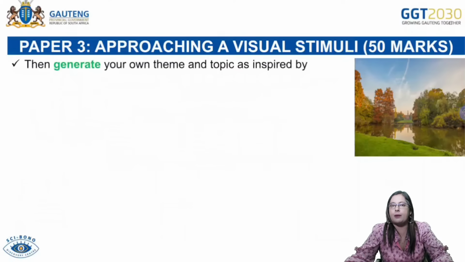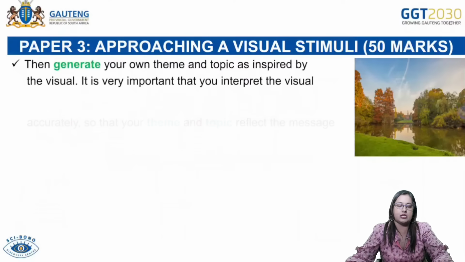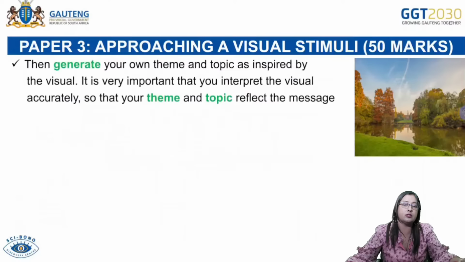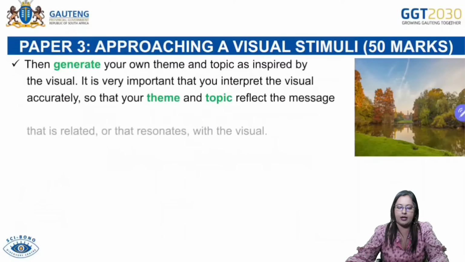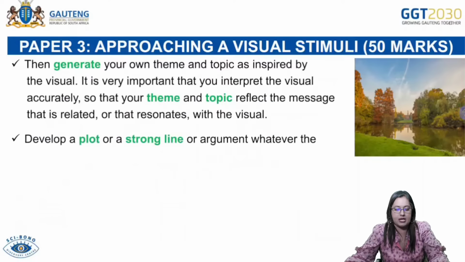Now, remember, it's creative writing for the essay, and you need to generate your own theme, okay, related to that particular visual that you see. So it's important that you're interpreting the visual accurately. So remember to link the theme that you are trying to work with to the topic that you are given.